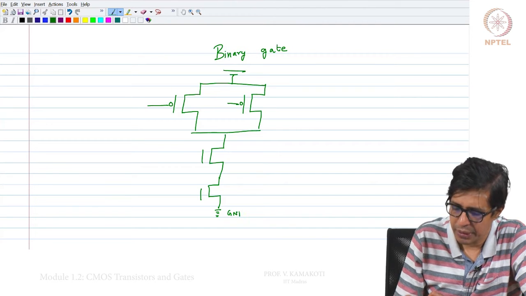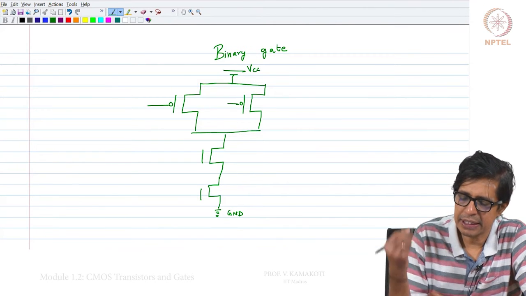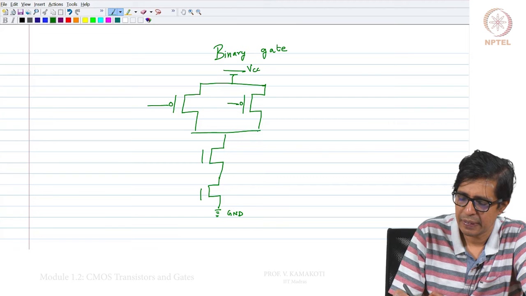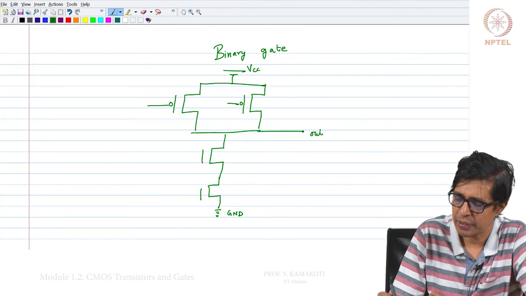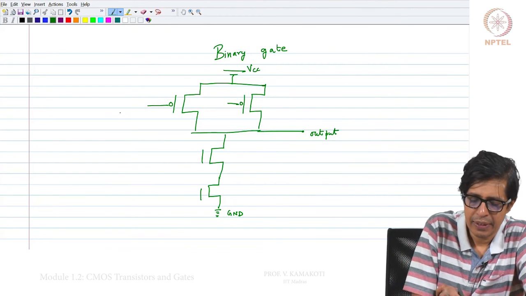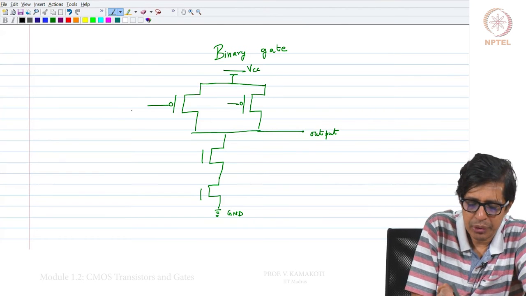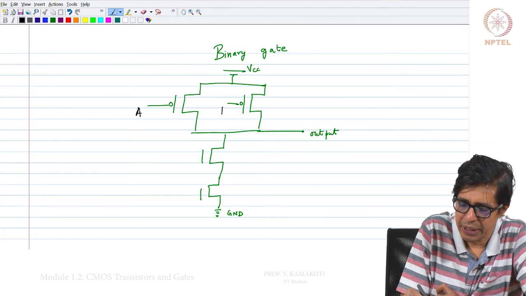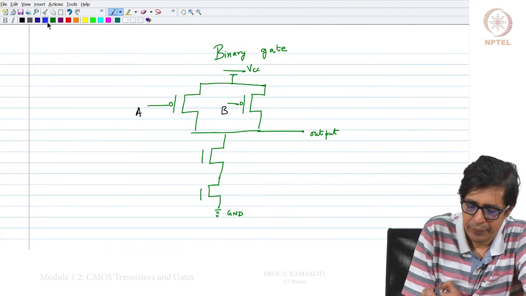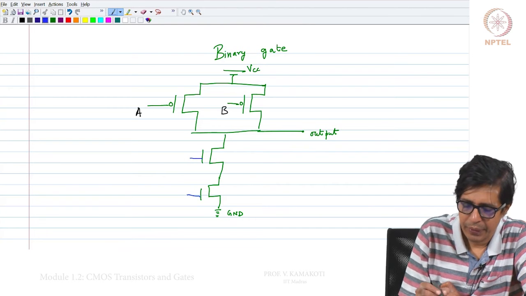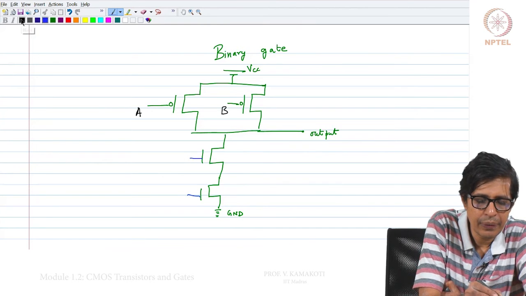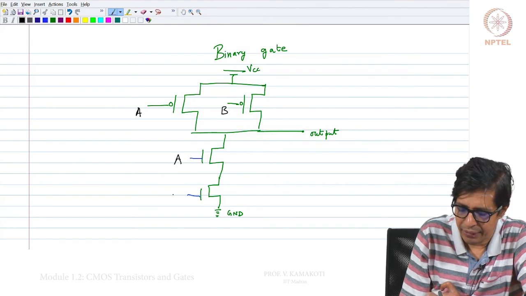This is ground and this is VCC, and this is output. These are the inputs, A and B. The same A and B are given here also.